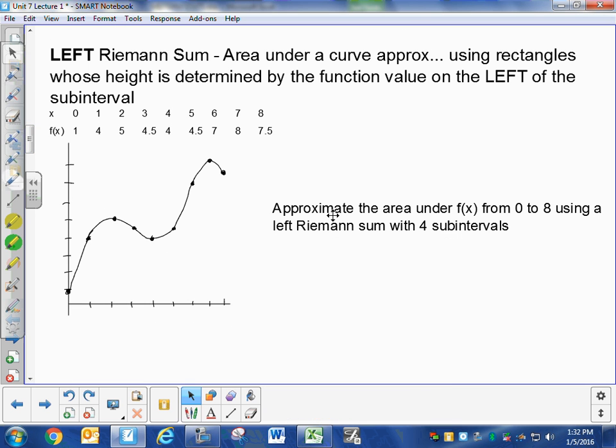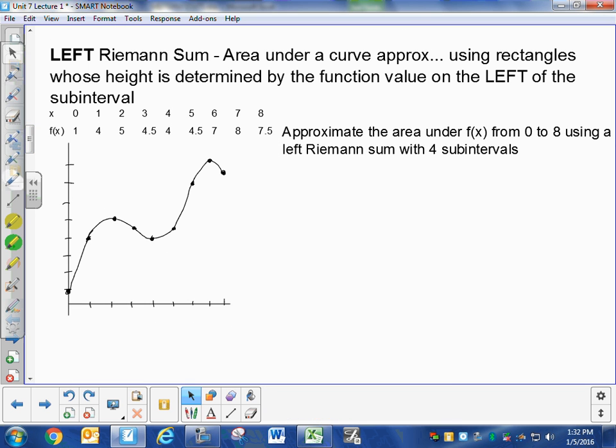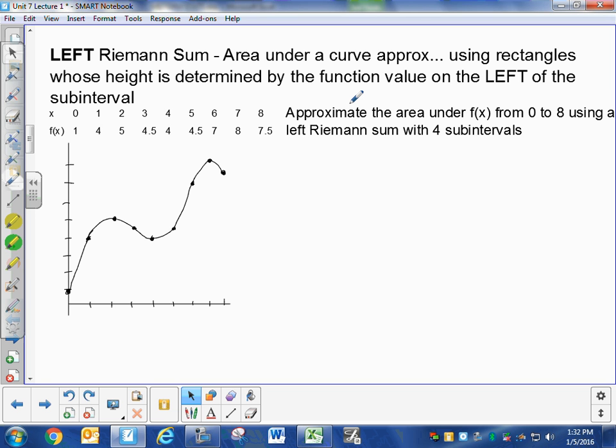Okay? There's the definition for a left Riemann sum. You can write it down, or you could just walk through the process that I would show you to draw these rectangles and to calculate this approximation. Here is the question right here. We want to approximate the area under this function from 0 to 8 using a left Riemann sum with 4 subintervals.